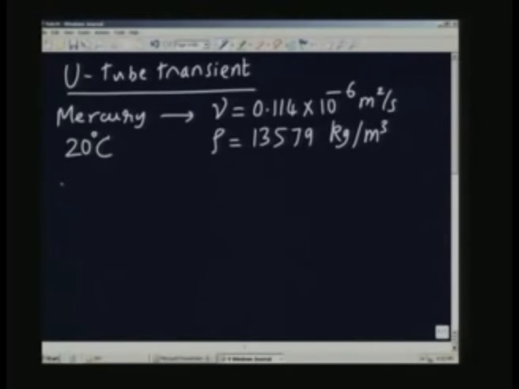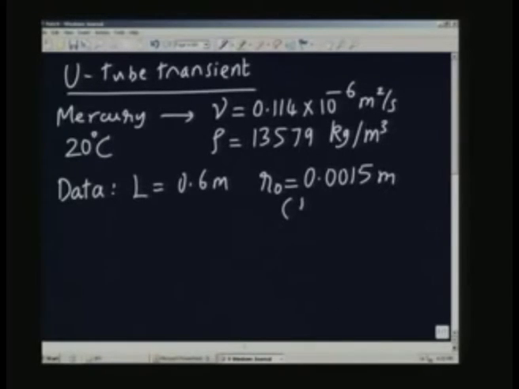We are already given data. L is 60 centimeters, I will convert it to meters, 0.6 meter, and R naught, I am given the diameter of the tube. R naught is diameter divided by 2, that will be 3 millimeter divided by 2, 1.5 millimeters, and I will write it as 0.0015 meter.